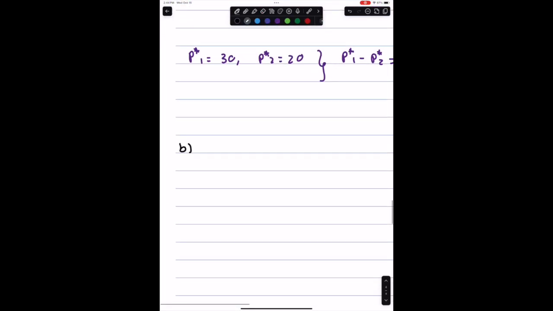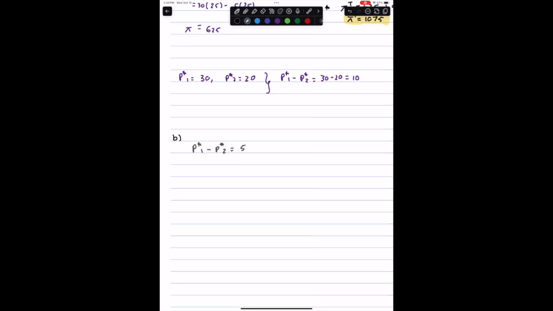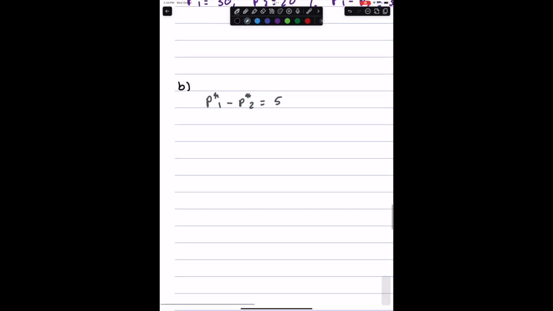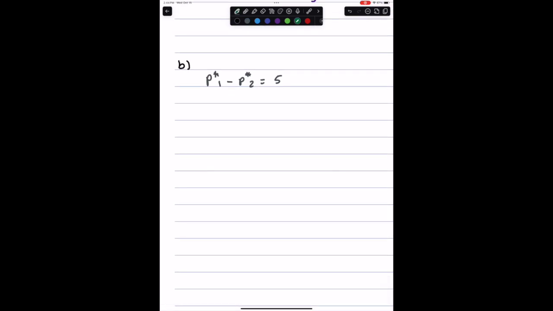I'll tell you that. So we know that now P star 1 minus P star 2 is equal to 5. It's no longer equal to 10 like it was in part A. It's equal to 5. And this is the constrained price discrimination. But how do we use this to solve for Q? Well, I'll show you.